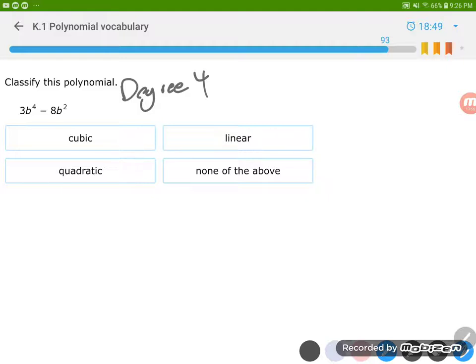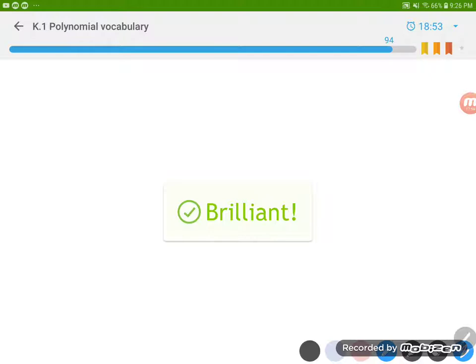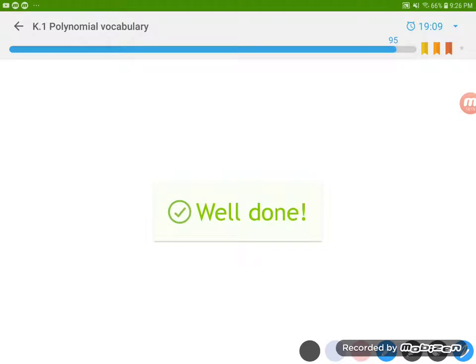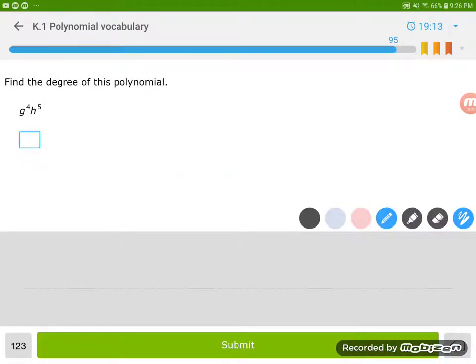That's powers 1, 2, and 3. We have a degree 4. So none of the above. Okay. Again, we look at this one, and it has a highest degree of 1. And there is only one term to it. So this is going to be a linear. And we could actually call this a linear monomial if we want to be completely correct about it.